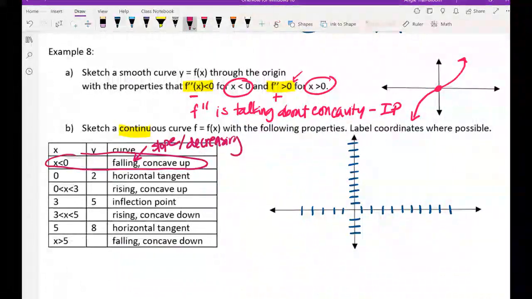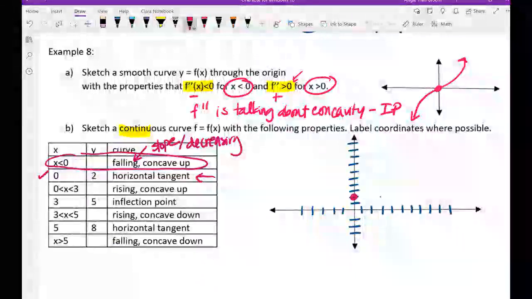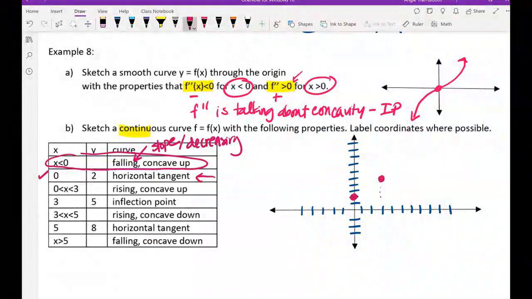Next, at x equals 0, I'm going to go up to 2. I'll do all the ones I know how to do. And then (3, 5) is an inflection point, so 3 across, up 2, 3, 4, 5, right there.